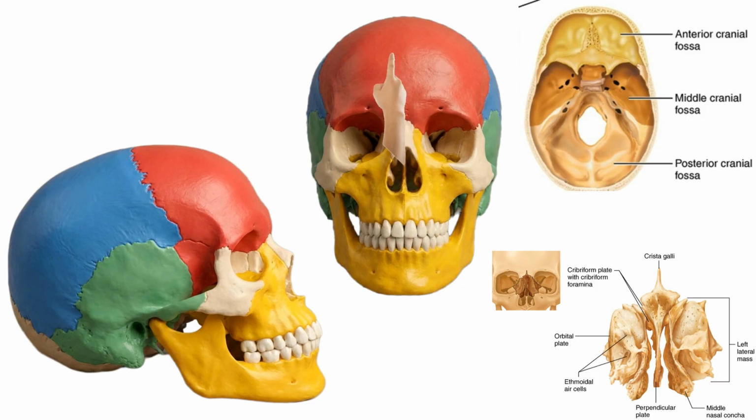Now let's identify the bones of the skull. Frontal bone. Supraorbital foramen. Parietal bone. Sagittal suture. Coronal suture. Temporal bone. Squamous suture.